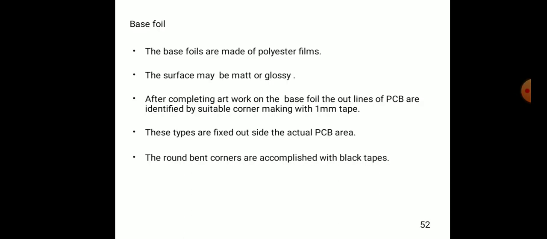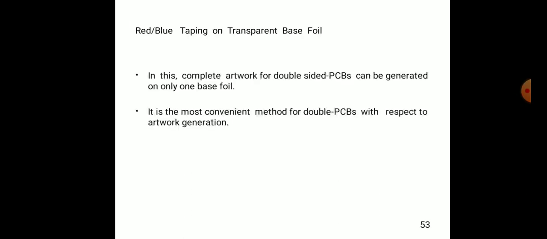These tapes are fixed outside the actual PCB area. The round bent corners are accomplished with black tapes. So that is the base foil method. Another one is the red or blue taping on transparent base foil.